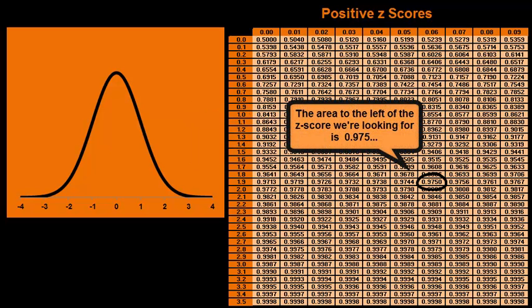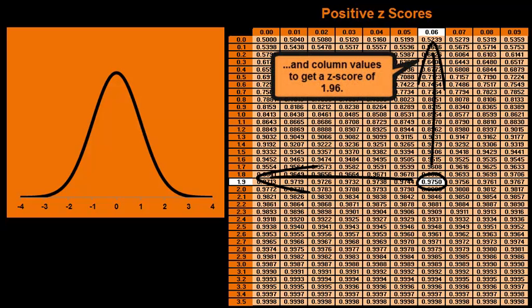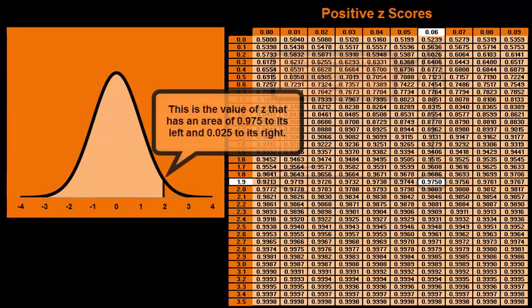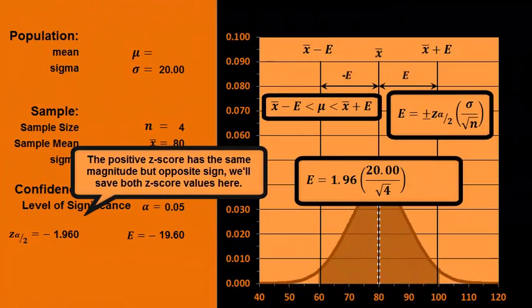The area to the left of the z-score we're looking for is 0.975, using the corresponding row and column values to get a z-score of 1.96. This is the value of z that has an area of 0.975 to its left and 0.025 to its right. The positive z-score has the same magnitude but opposite sign. We'll save both z-score values here.